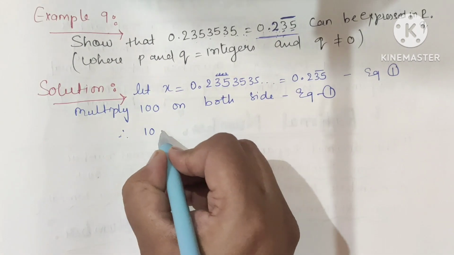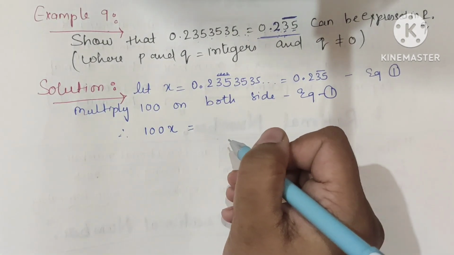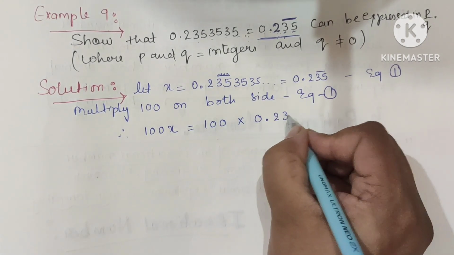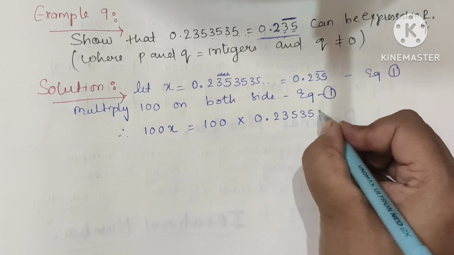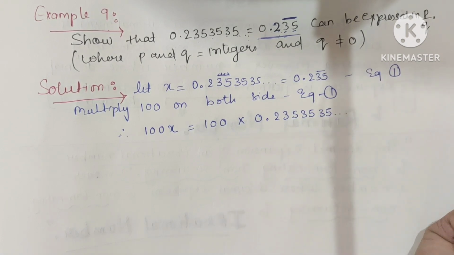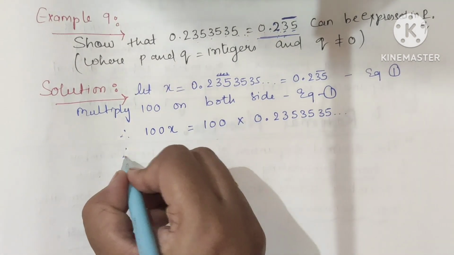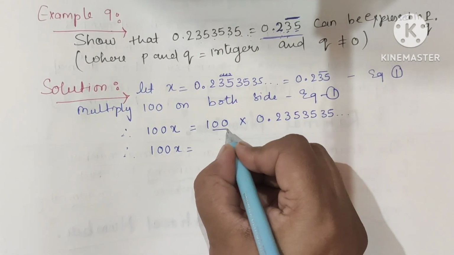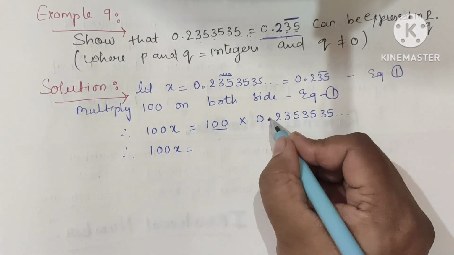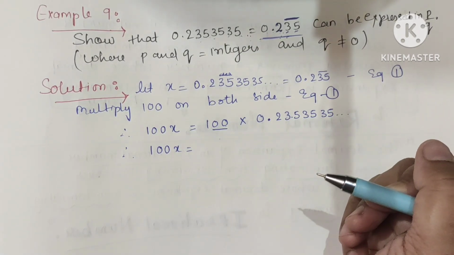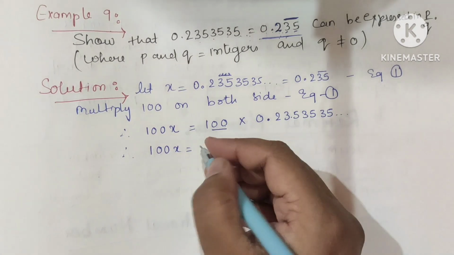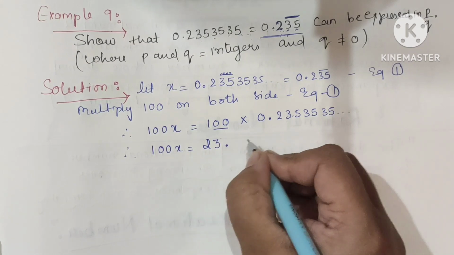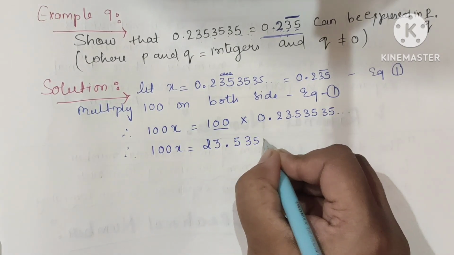Therefore, it will be 100x is equal to 100 into 0.23535. Therefore, 100x is equal to, now 2 digits, so the point will go after 2 digits. So it will be 23.53535 and so on.